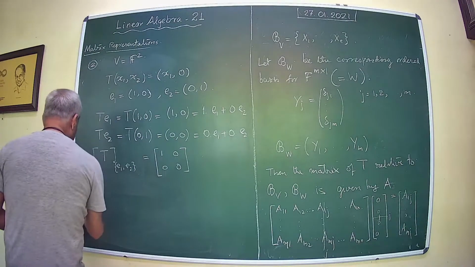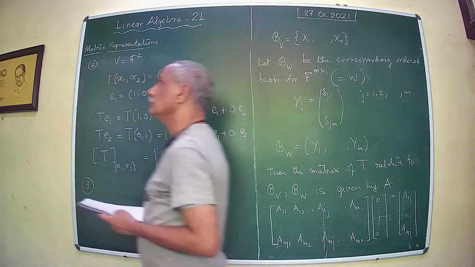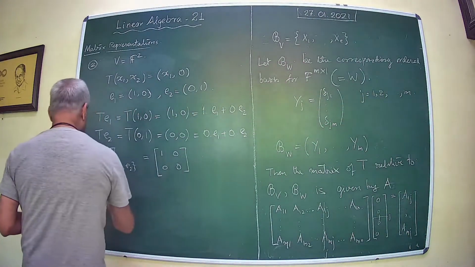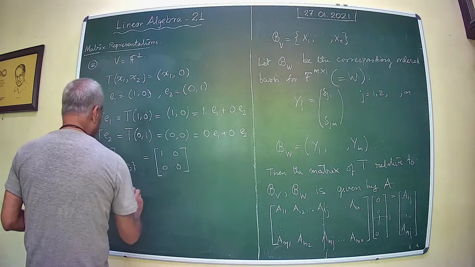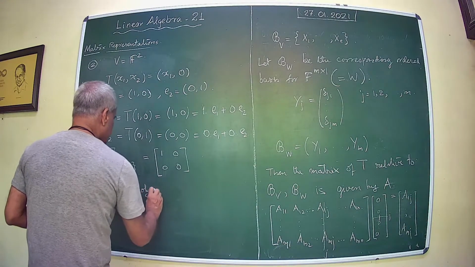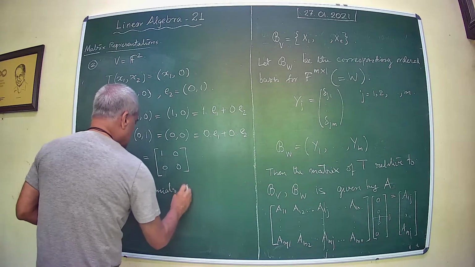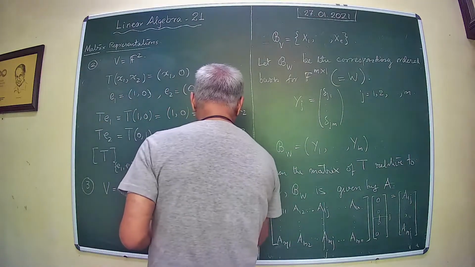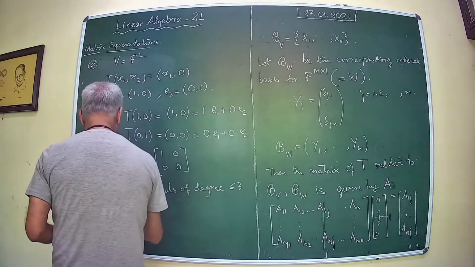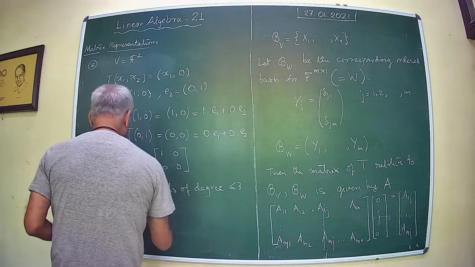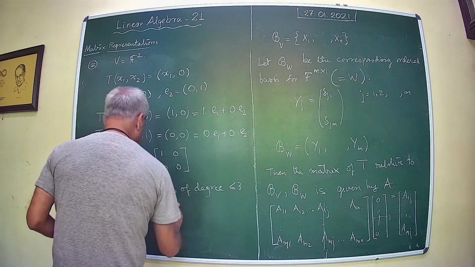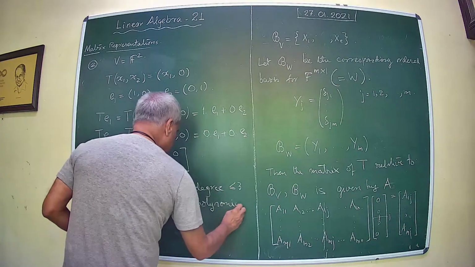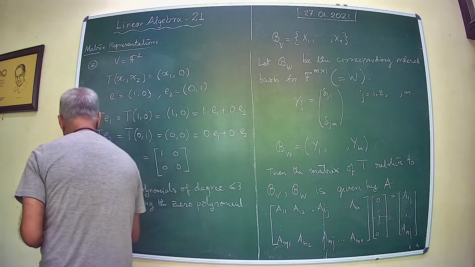Third example. Here we take V to be all polynomials including the 0 polynomial, of degree at most three.